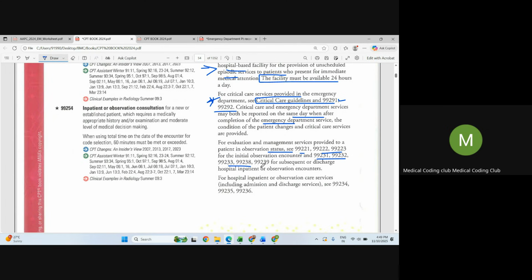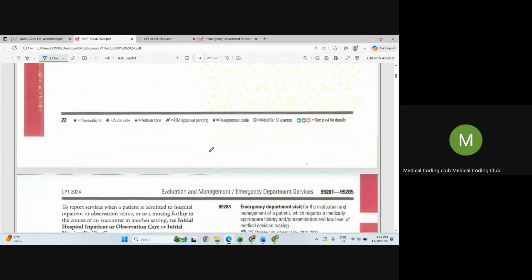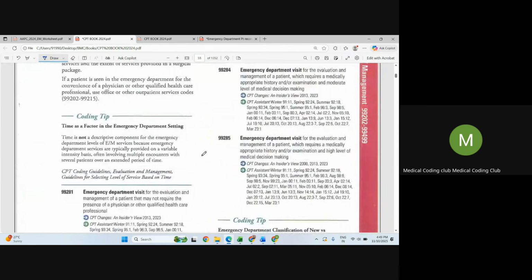Okay, whatever hospital inpatient and observation service codes we have, from that particular code category you can take the E/M. Okay, so as long as the patient is not getting admitted to the hospital but just taking the service in the emergency department, he will be considered outpatient service, he's getting outpatient service, and you should code from the section below the emergency department.